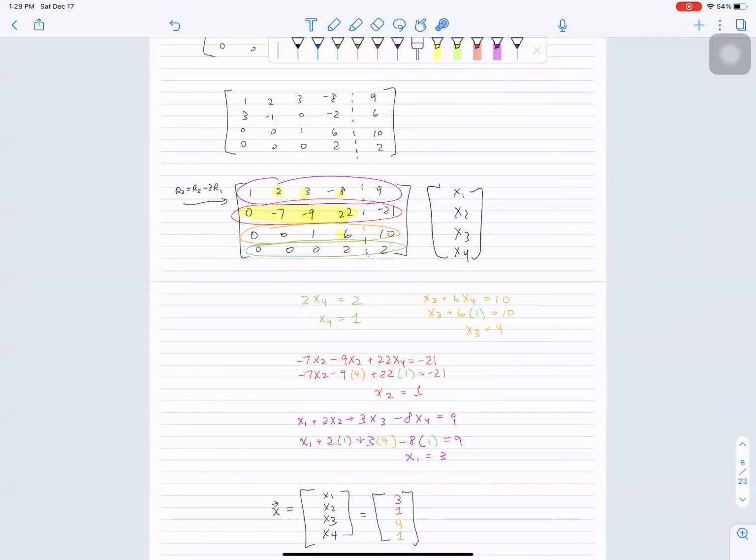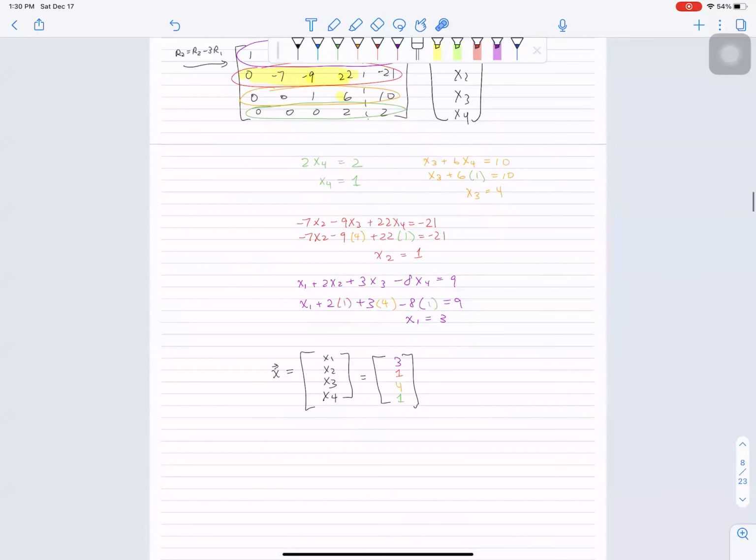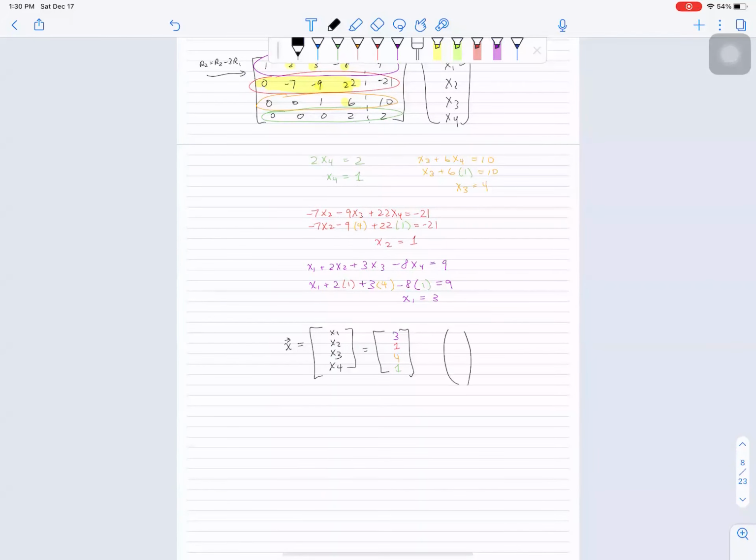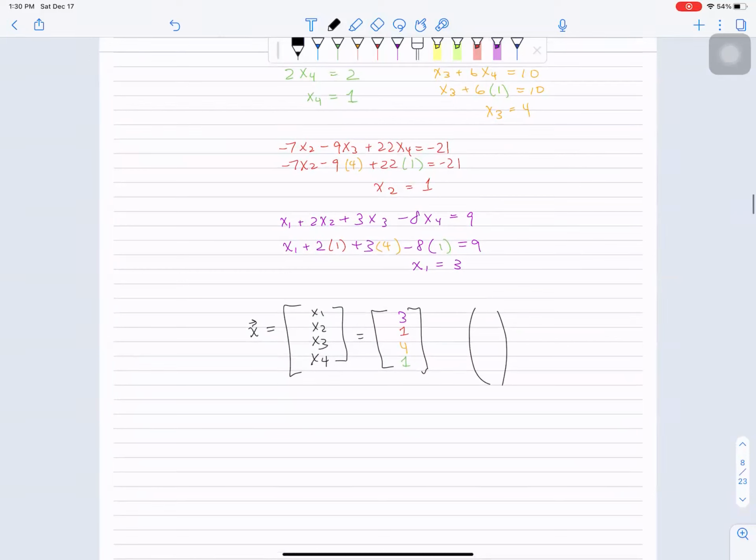Okay, question. Does it matter if we put a vector in square brackets or the usual brackets? For your final answer, I guess it doesn't really matter. You can write it in the circle of brackets. Also, does it matter if we write it horizontally or vertically? It doesn't matter too much.